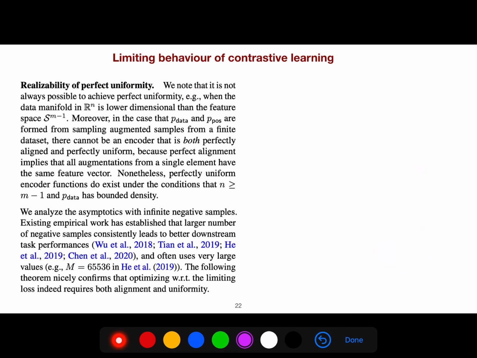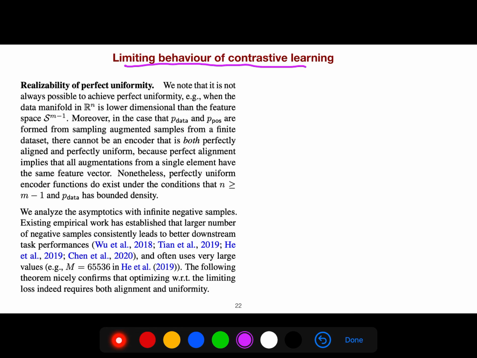Now, on realizability, because contrastive learning has a limiting behavior, we note that it is not always possible to achieve perfect uniformity. For example, when the data manifold in R^n is lower dimensional than the feature space.